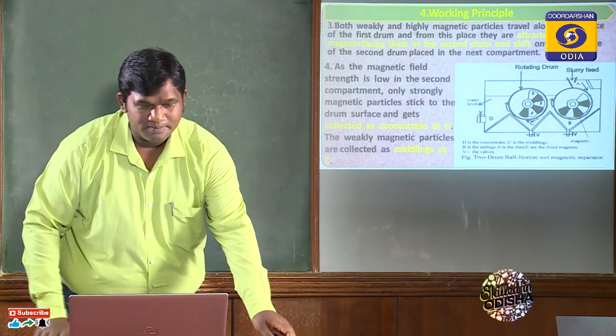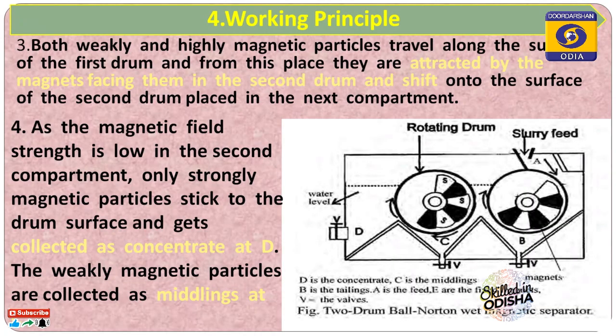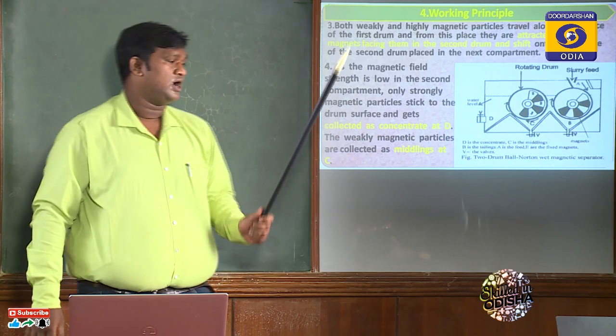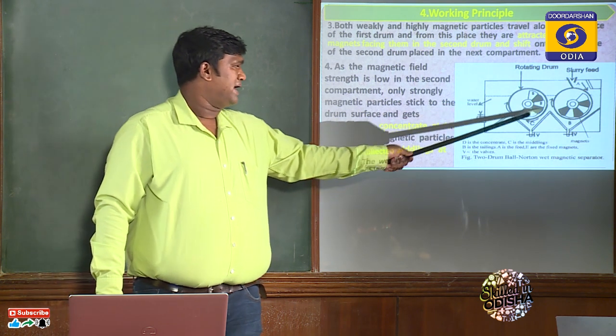Next, as the magnetic field strength is low in the second compartment, only strongly magnetic particles stick to the surface and get collected as a concentrate at D. The weakly magnetic particles are collected as middling at C. So this compartment has the low magnet.